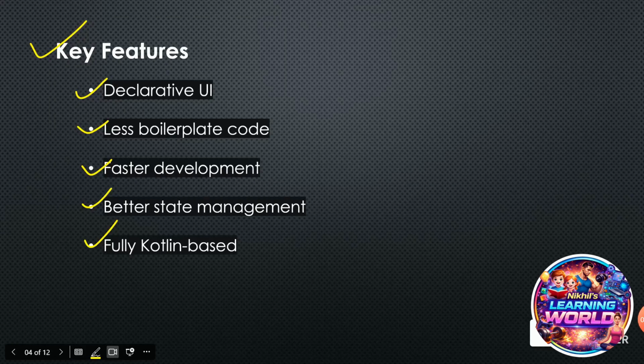Okay, so compared to the previous XML for the UI implementation and writing logic in Java or in Kotlin programming. But in Jetpack Compose, by using only Kotlin, we can make the UI implementation.